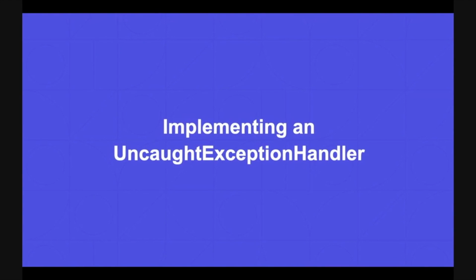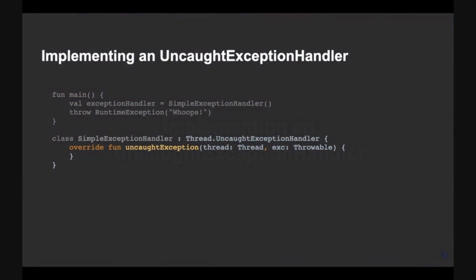So on Android, for a JVM crash reporting SDK, you'd want to implement an UncaughtExceptionHandler, which looks a little like this. We have quite a simple program here, which just creates a simple exception handler class, which implements the UncaughtExceptionHandler.